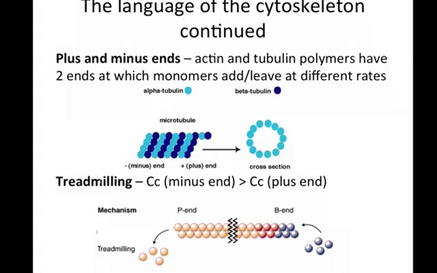So when you start talking about the cell moving forward and you're getting this actin polymerization, that's exactly what's happening: you're getting growth at the plus end and leaving at the minus end, and that's causing that forward movement because you're pushing against the plasma membrane or the cell cortex, and that's moving the cell forward. And we'll learn about that.